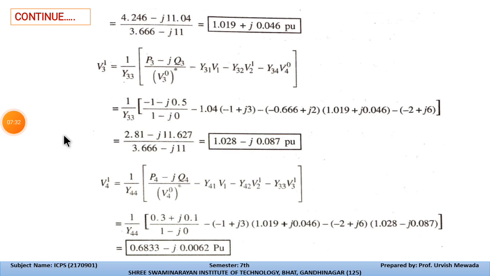So the value that we determined from the previous values of v21, that is v31. Now the next voltage v41 is same.